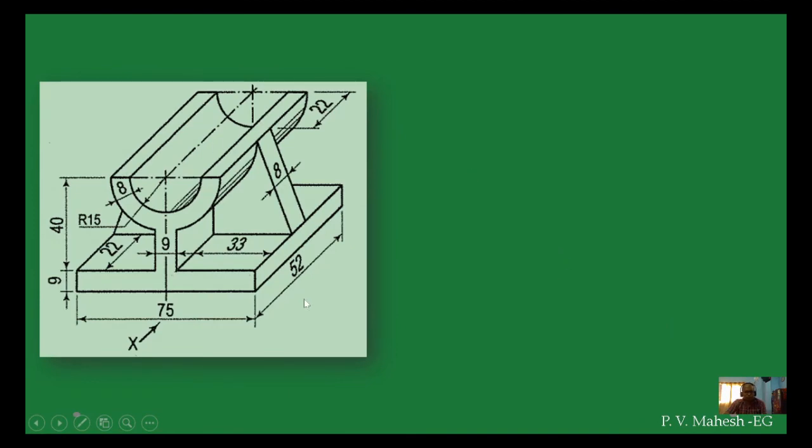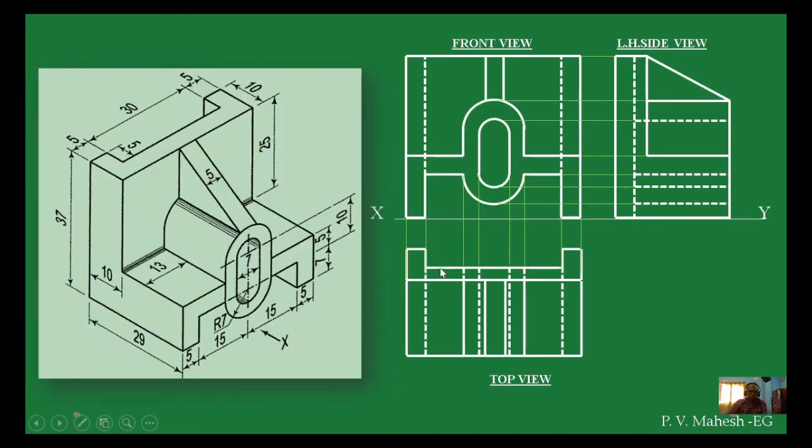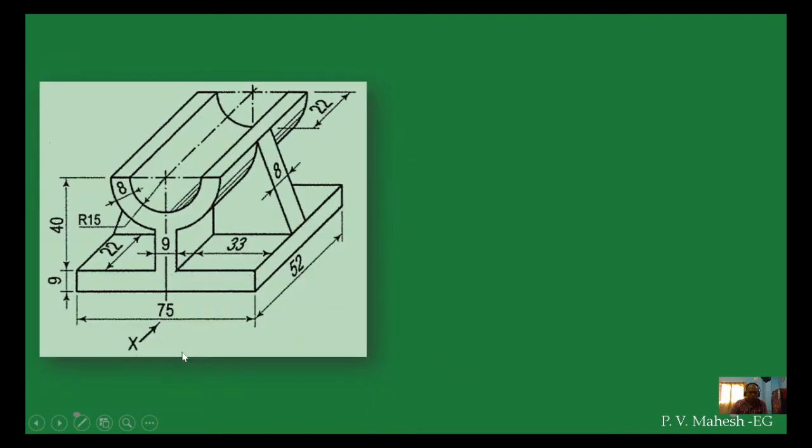Now we'll see, the purpose of taking this question is different here. So far what we have seen, this is a 30-degree line and this is a 30-degree line and this is a vertical line. This kind of question generally will be there, but this is the only question I have found in the textbook where one edge is made horizontal and this is made 60 degrees instead of 30 degrees.